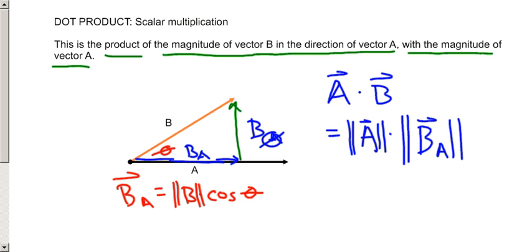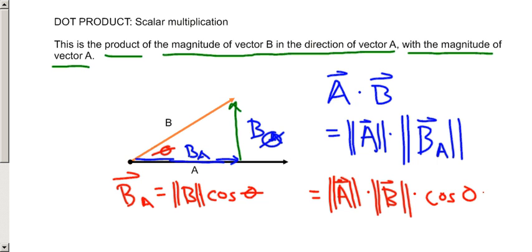So our dot product is really just the magnitude of A times the magnitude of B times the cosine of the angle between them. And if that angle is 0, the dot product is maximized because cosine of 0 would be 1.